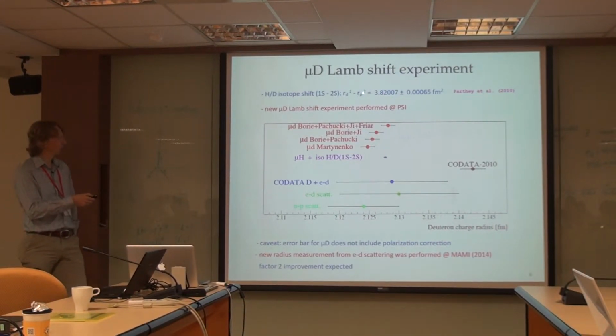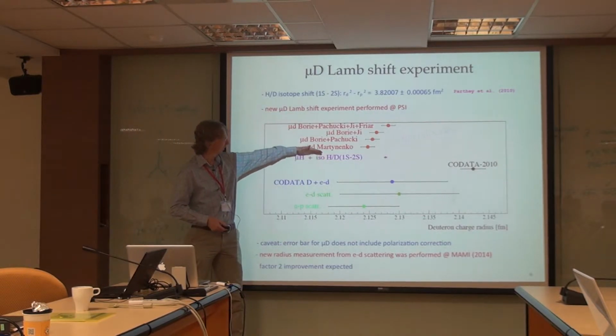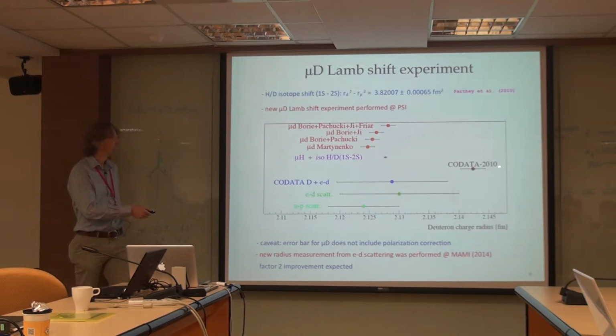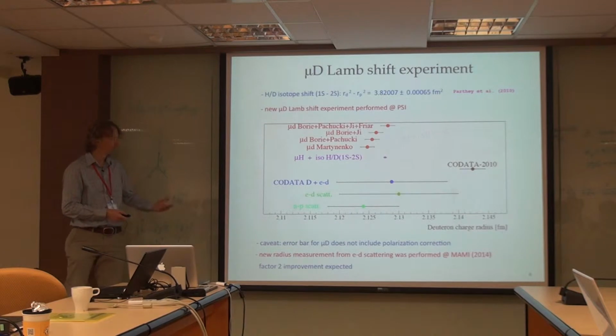If you don't look at the red results, everything here is from electron scattering first. For the isotope shifts, this is ordinary hydrogen, 1S-2S, so it's a very precise number. And this is the electron-deuteron scattering.